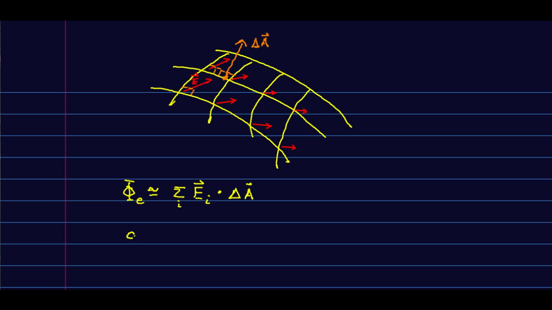And so that means the exact one is going to be an integral. This is an integral over the surface of E dot dA, where these dA's are infinitesimal area vectors. And that probably looks pretty scary because you don't know how to do an integral over a surface, but we'll in fact see simple examples of it in the next lecture.